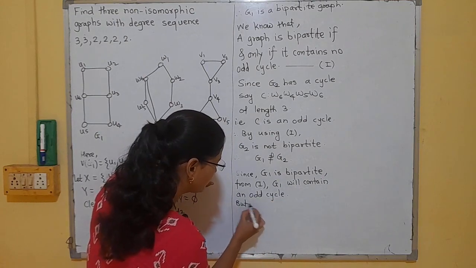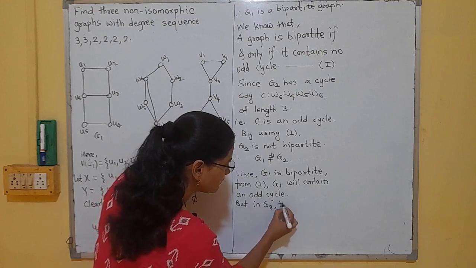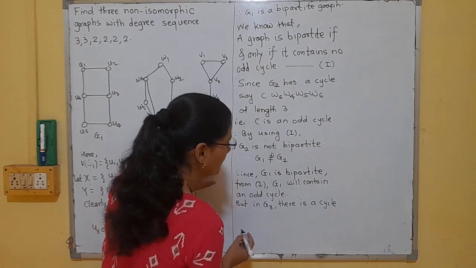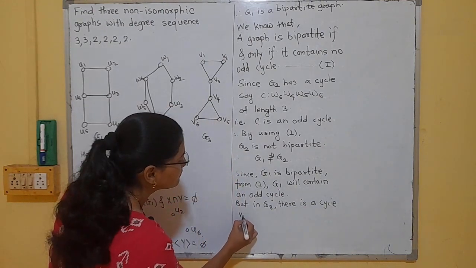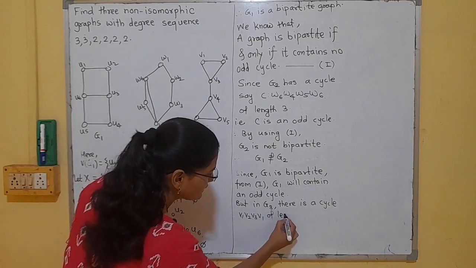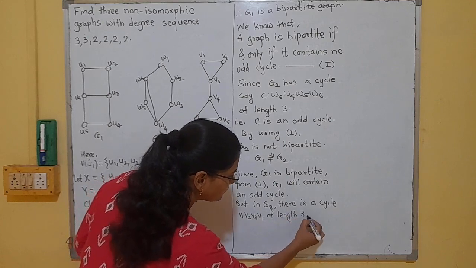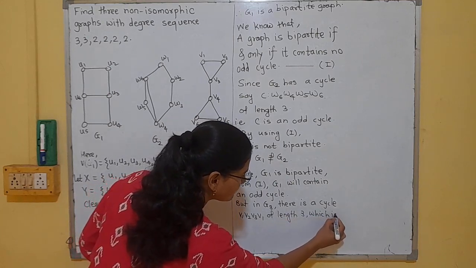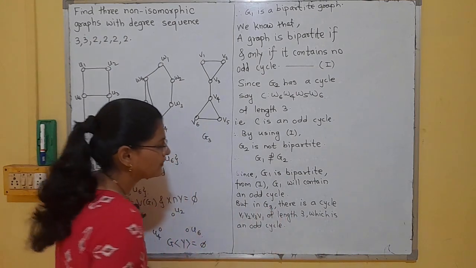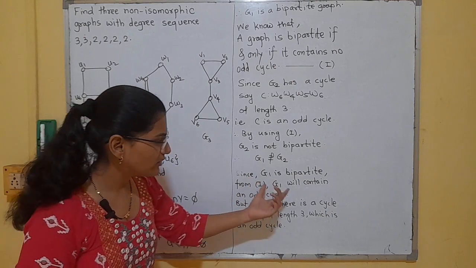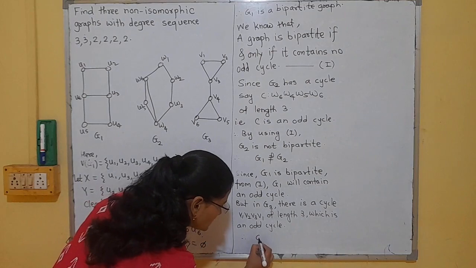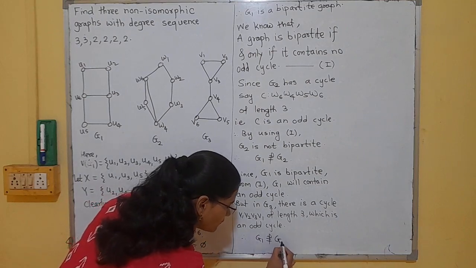But in G3, there is a cycle V1, V2, V3, V1 of length 3, which is an odd cycle. So here we have written that G1 will not contain an odd cycle and G3 contains an odd cycle. Therefore, G1 is not isomorphic to G3.